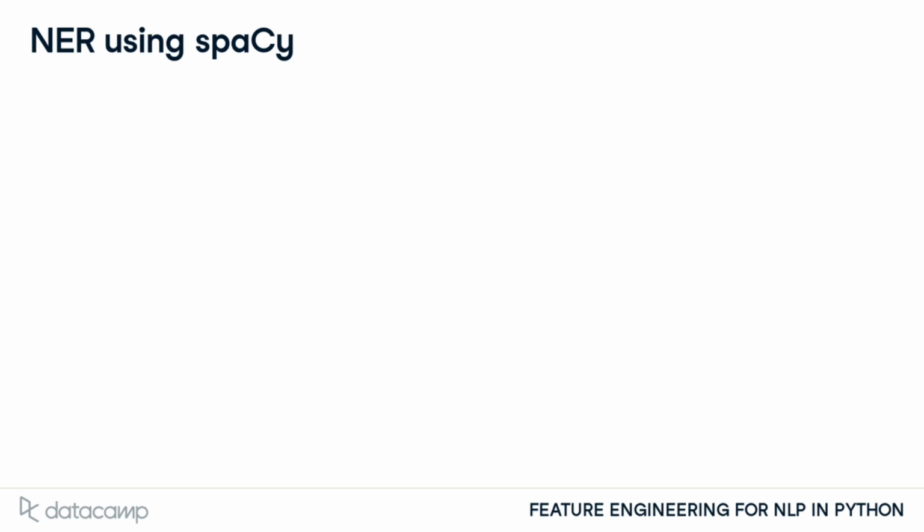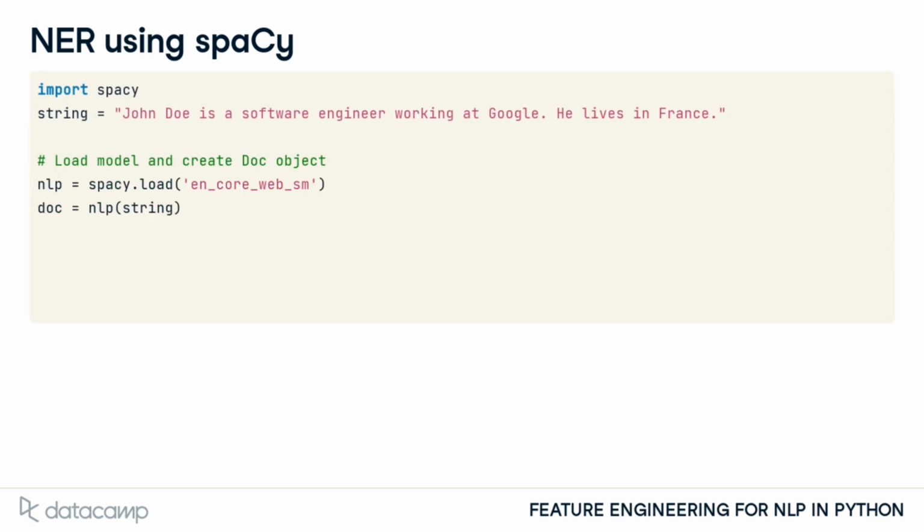Let's try to find the named entities in the same sentence we used earlier. As usual, we import the spaCy library, load the required model, and create a doc object for the string. When we do this, spaCy automatically computes all the named entities and makes them available as the ents attribute of doc.